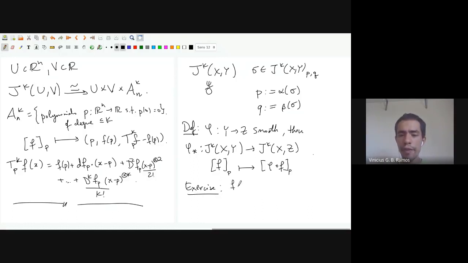So if f has order of contact k with g at a point p, so if they represent the same germ, then when you compose with phi, they still have the same order of contact. So this is just the chain rule.